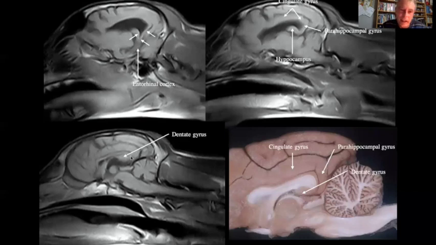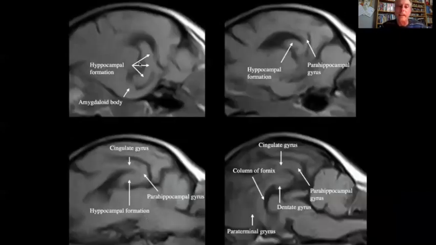And as you see on an MRI, this is the corpus callosum, cingulate gyrus, parahippocampal gyrus, and we miss the parahippocampal gyrus now, but we identify the dentate gyrus and the fibers of the fornix right here. Again, this is the lateral ventricle and the hippocampal formation. And as you see, this alveus hippocampi is forming part of the wall of the lateral ventricle.